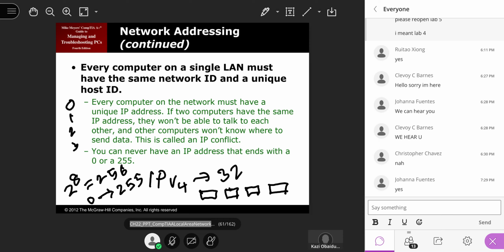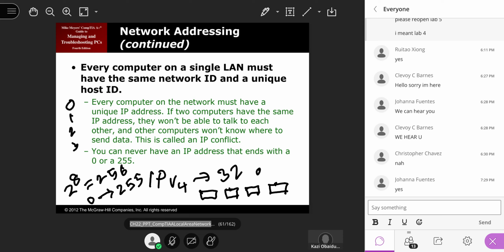Anyway, you can never have an IP address that ends with a 0 or 255. Okay, that is all the bits. I said that each segment is 8 bits, right? 8, 8, 8, 8.